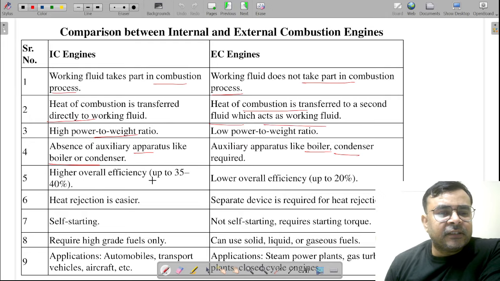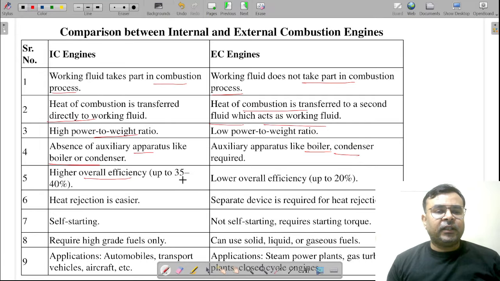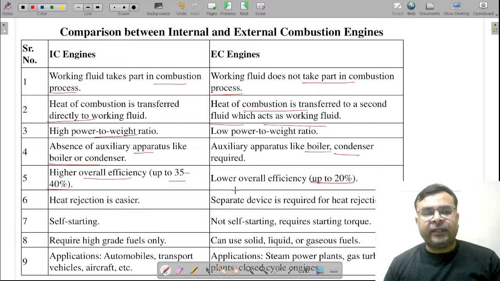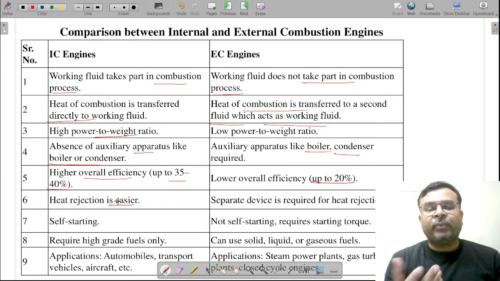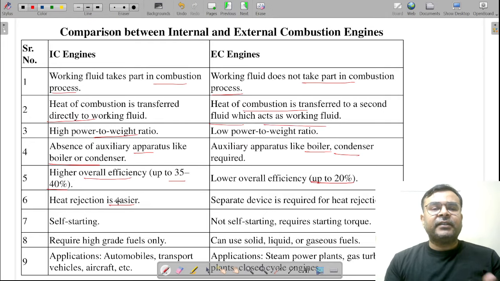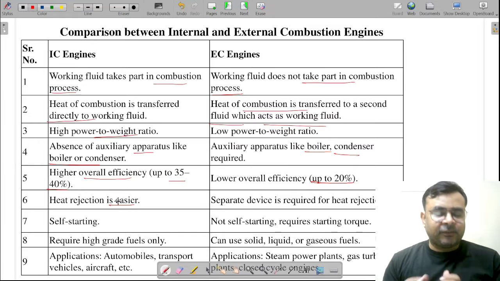IC engine overall efficiency is very high as compared to an external combustion engine, around 35 to 40%. Is that right? But here it is less than up to 20%, not more than 20%. Heat rejection is easier. Yes, of course. If you see the IC engine in your bike, then obviously some fins are provided over the engine surface, and because of that, heat is directly exposed to the atmosphere.